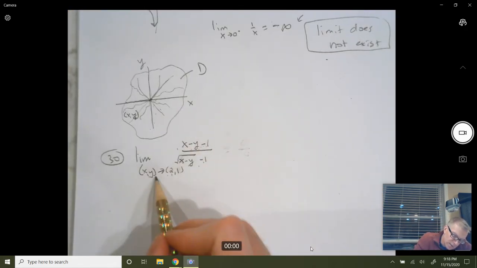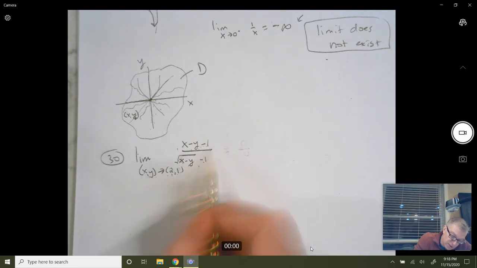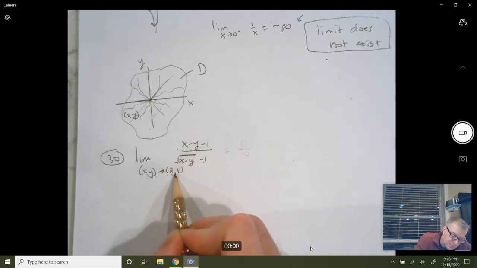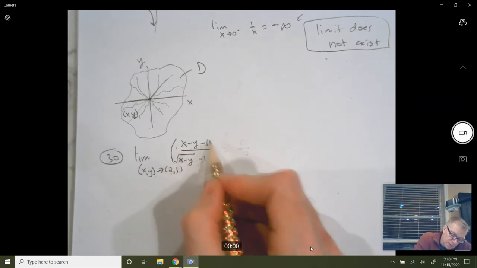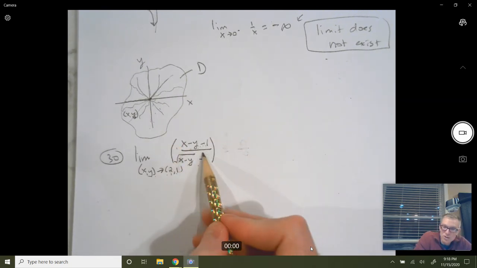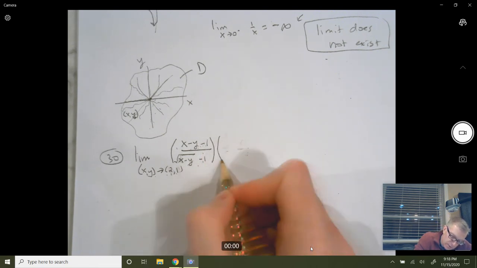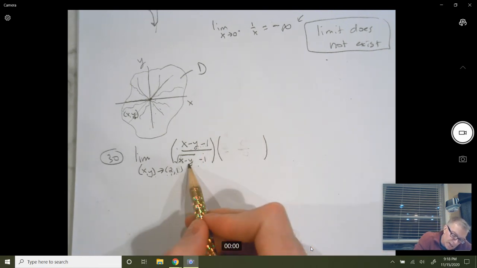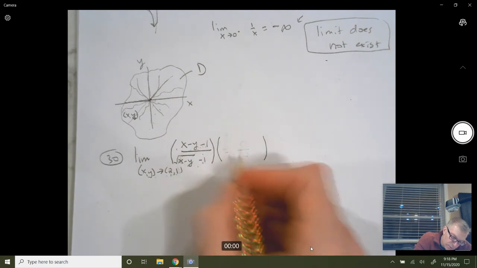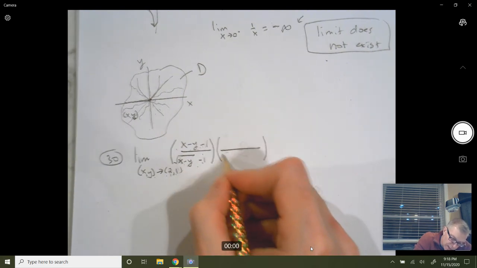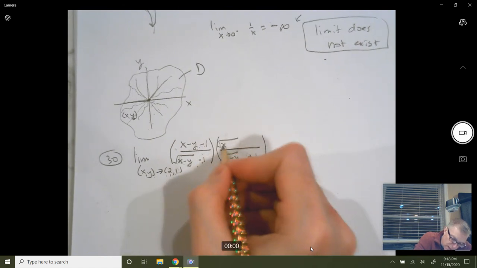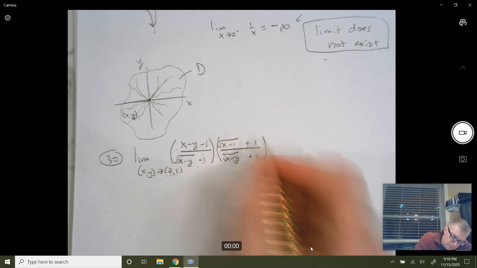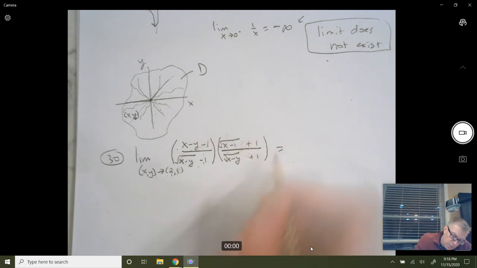We know that this value of the function doesn't exist here at the point 2, 1. Okay, but maybe what we can do is something to this function to get it into another form. Okay, so the bottom is square root of x minus y minus 1. What if we multiplied top and bottom by square root of x minus y plus 1? So here's our clever form of 1. We multiply this.